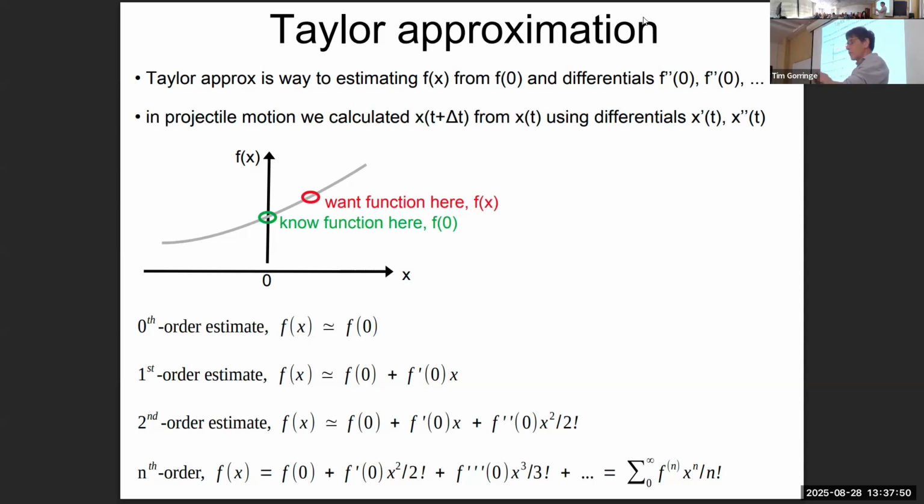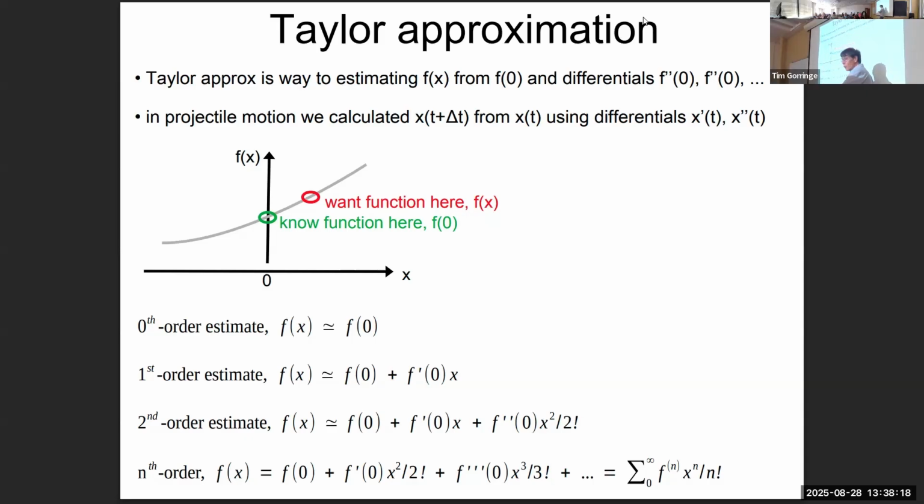So the position and the velocity are some function of some independent variable, time, and we know them at the current time. We want to calculate the position and velocity at this future time. So this Taylor expansion, Taylor approximation is describing exactly the problem that we want to solve.